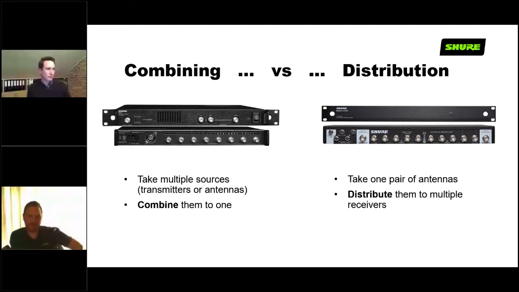So a combiner is taking multiple sources and combining that into one. Traditionally in an IEM system or an IFB system, where you have multiple transmitters, you combine them into one singular transmit antenna. And then there's distribution. You're taking a pair of antennas and distributing the receive signal from that side to receivers.